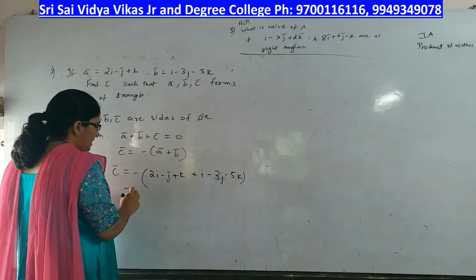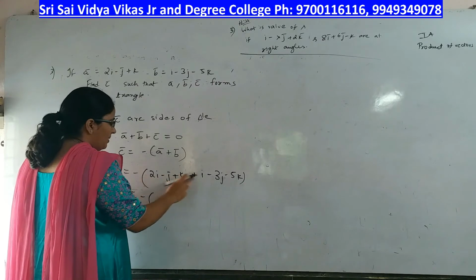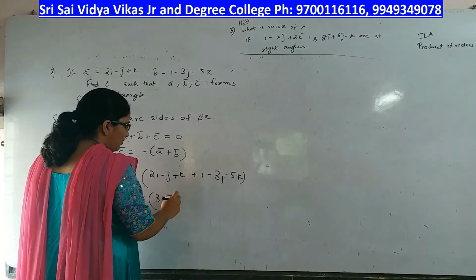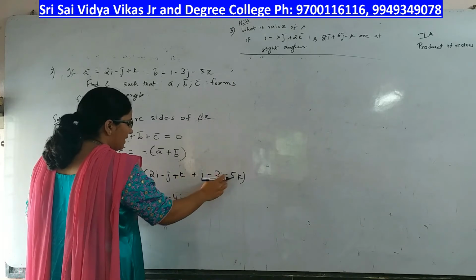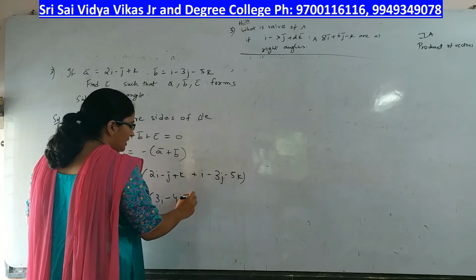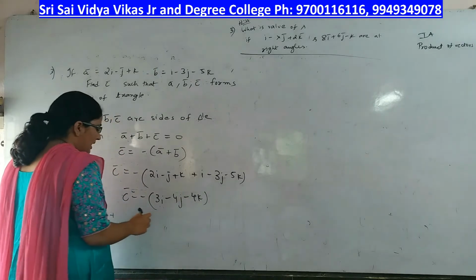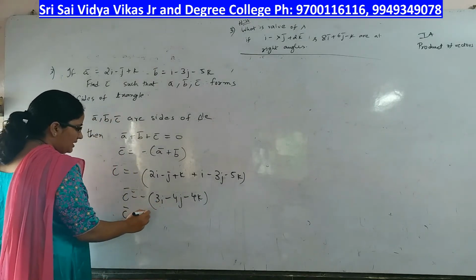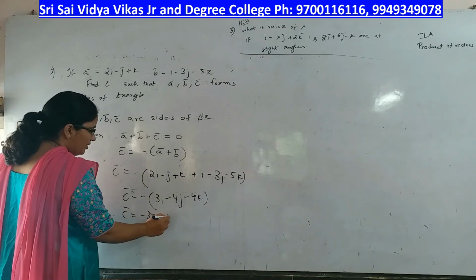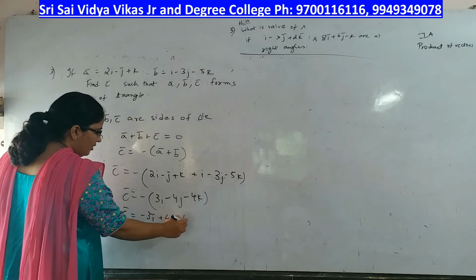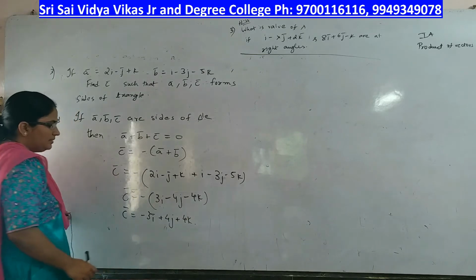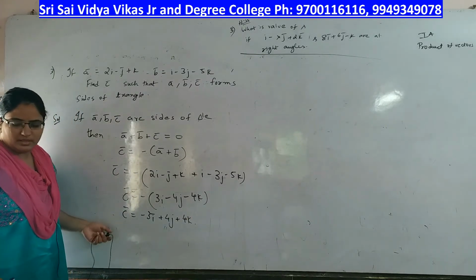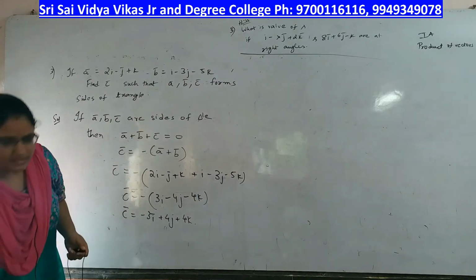So c bar is equal to minus of (2i plus i, 3i, minus j minus 3j, minus 4j, k minus 5k, minus 4k). Take minus sign inside, you have c bar is equal to minus 3i plus 4j plus 4k. This is the value of c bar. Next, let us discuss some more problems.